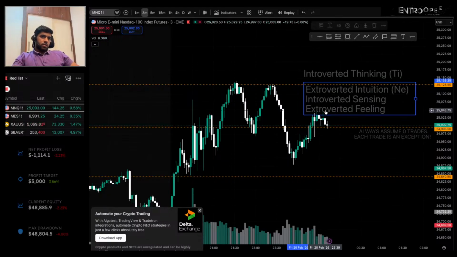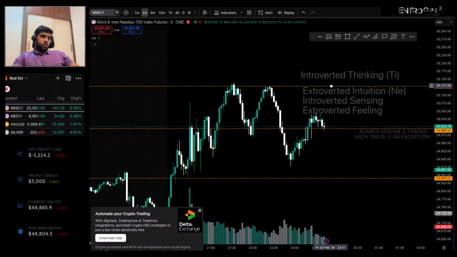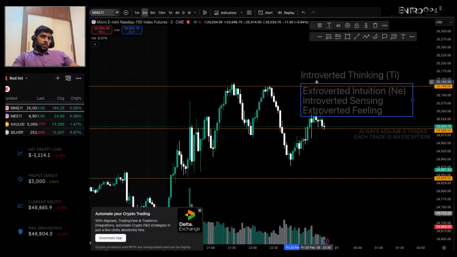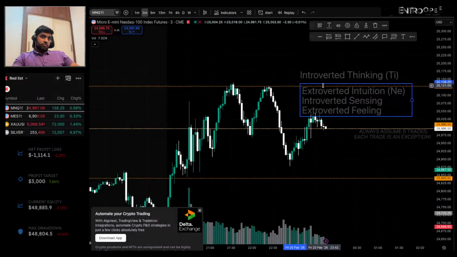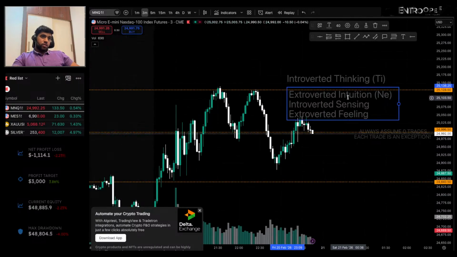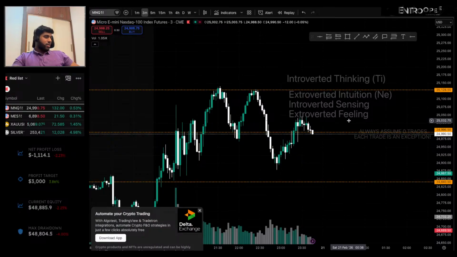So the first one is called your primary function or your dominant function. Second one is called your auxiliary function. Third is called your tertiary function. The fourth one is the weakest function that you have. I forgot what it was called.